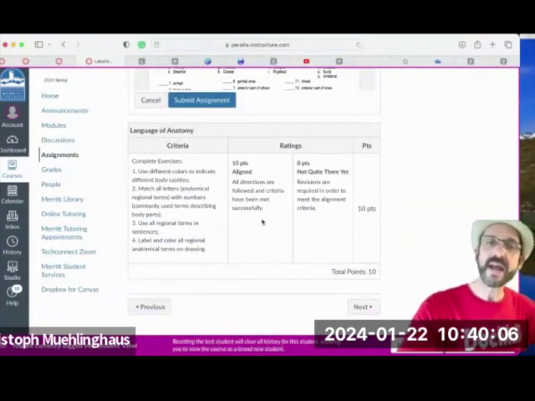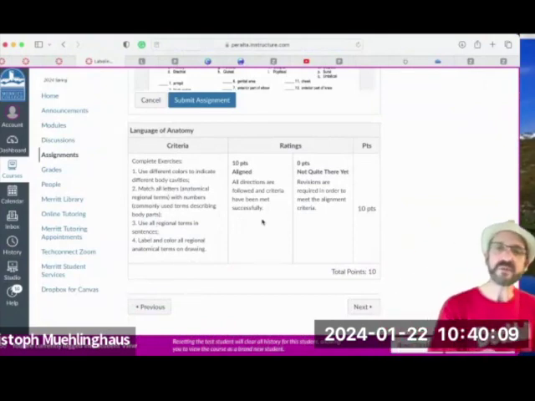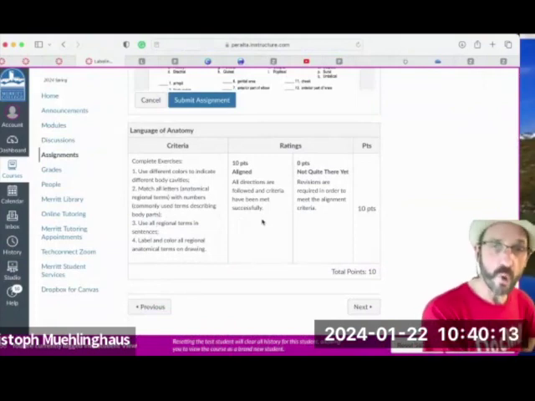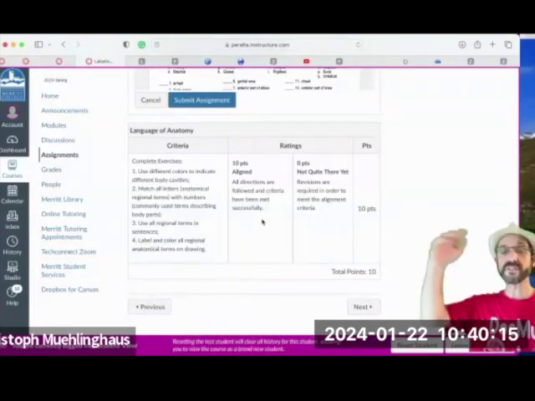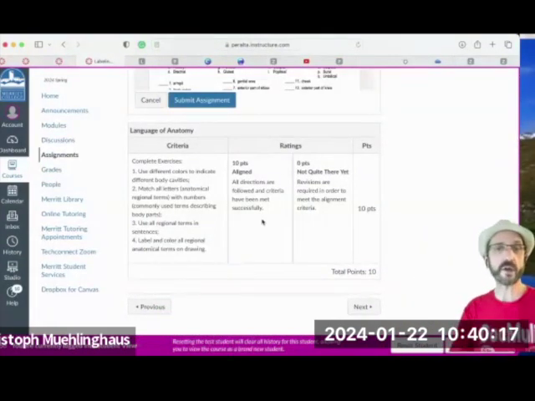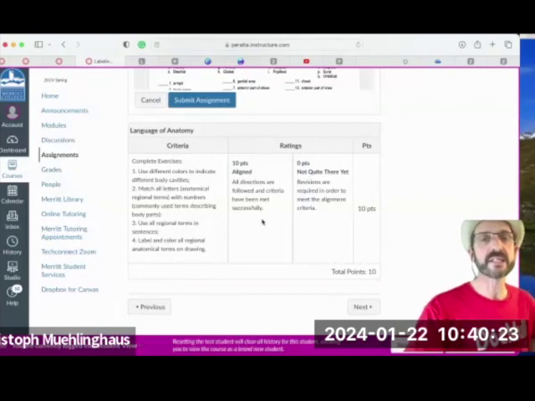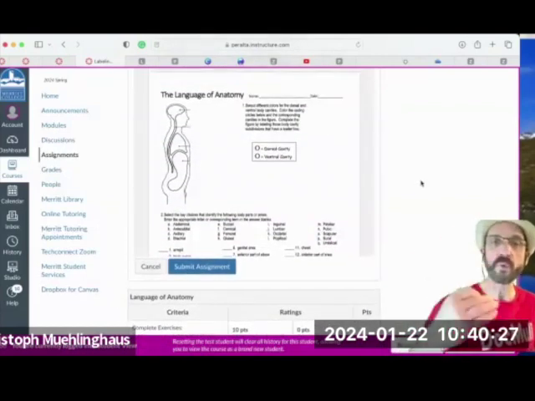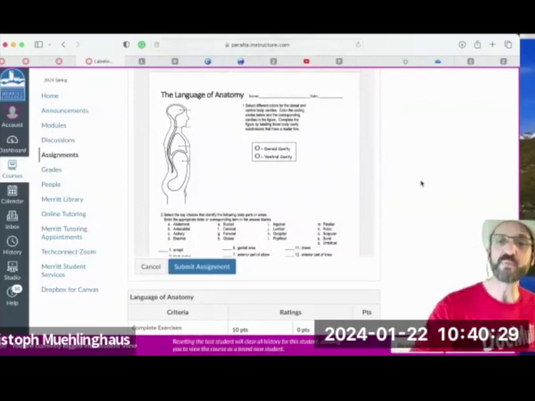The way I grade all the assignments, except for the tests, is that you either get all the points if it's aligned, or you get none of the points if you're not finished with the work yet. I don't necessarily check every bony label because we have so much repetition, but I spot check them and I for sure check for completion.